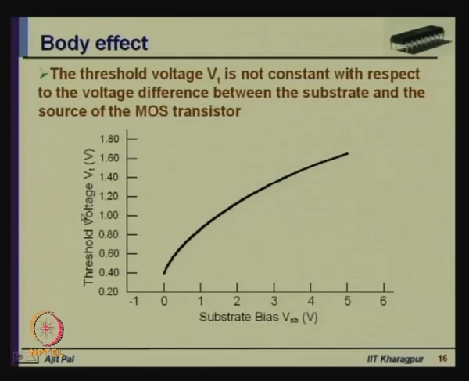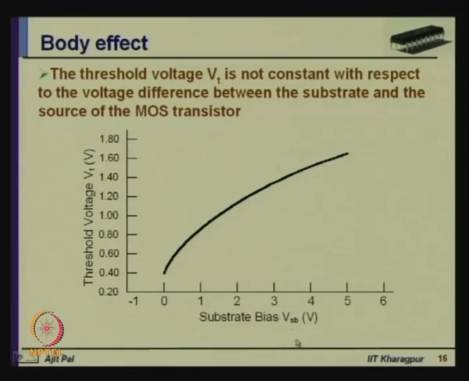And later on we shall use this and see how the threshold voltage can be controlled to reduce what is known as leakage current, because the leakage current is heavily dependent on the threshold voltage. Later on we shall see that instead of this positive bias, we shall usually apply negative body bias, which is called the reverse body bias.